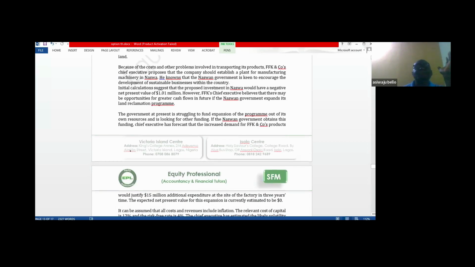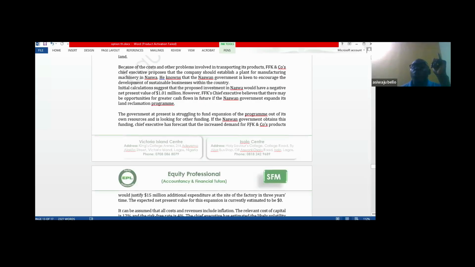Look at this. The government at present is struggling to fund the expansion of the program out of its own resources and is looking for other funding.